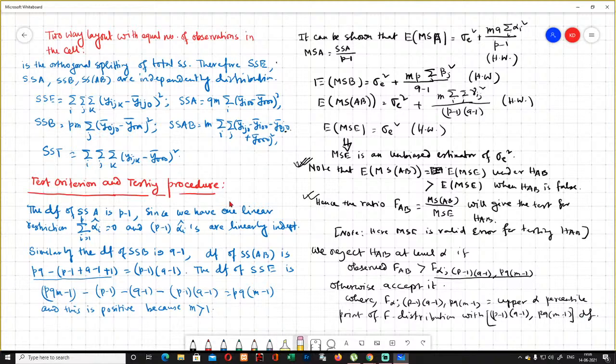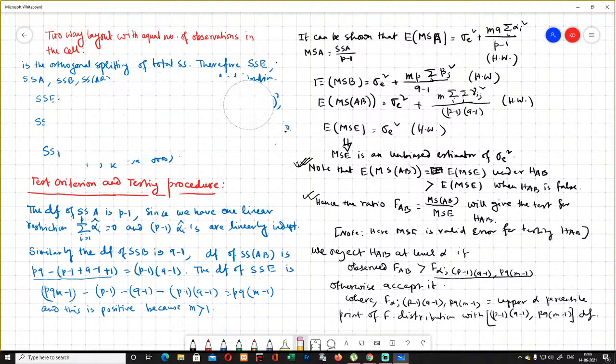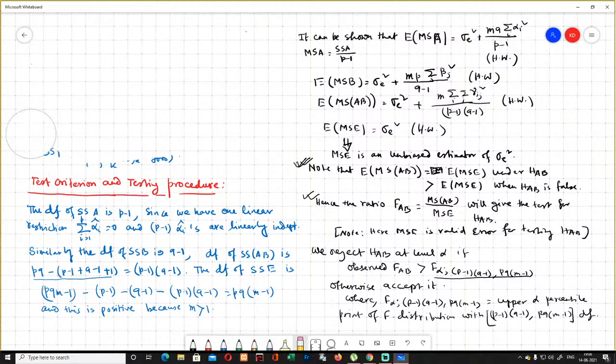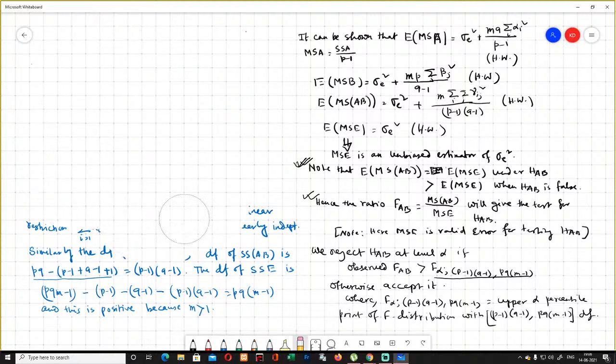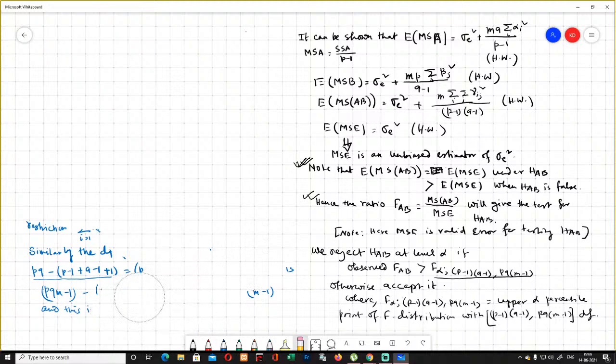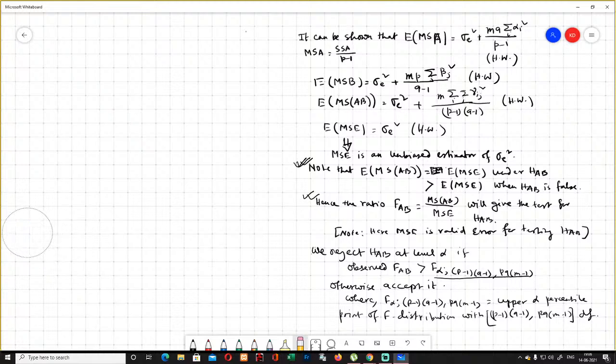So I already mentioned this thing. If H naught HAB is rejected, then you should stop here. Otherwise, if HAB is accepted, or it is better to say if HAB failed to reject, in that case we proceed further.